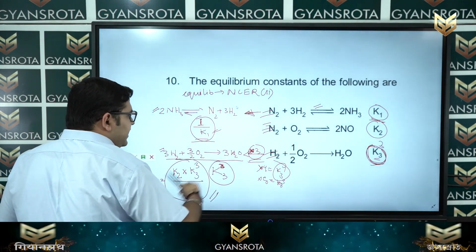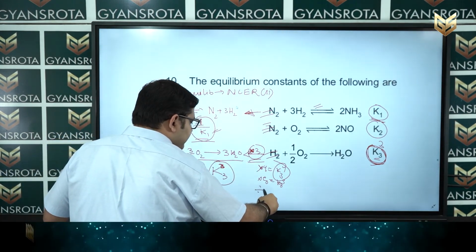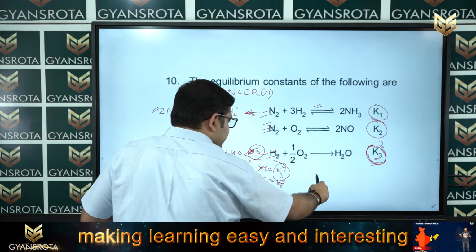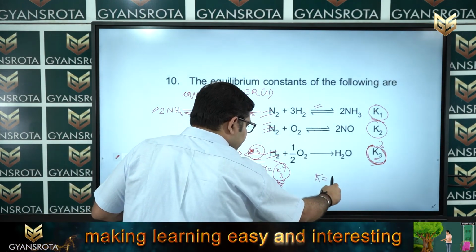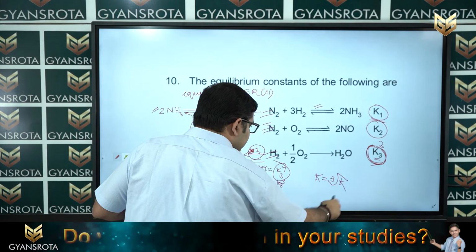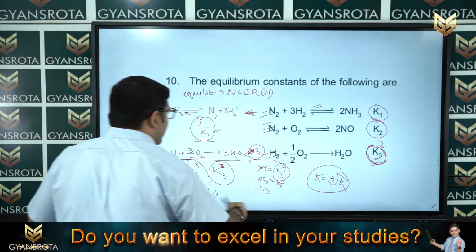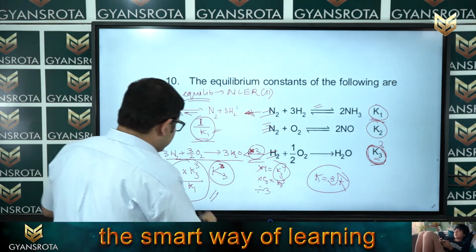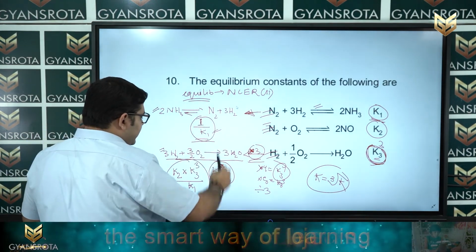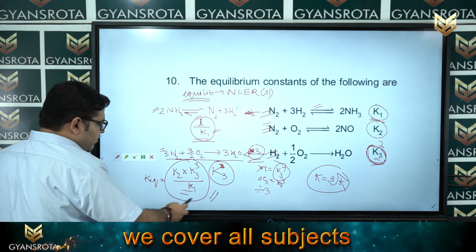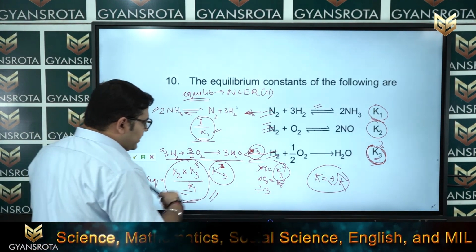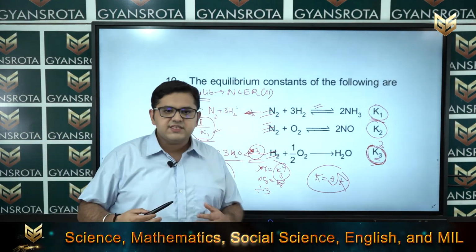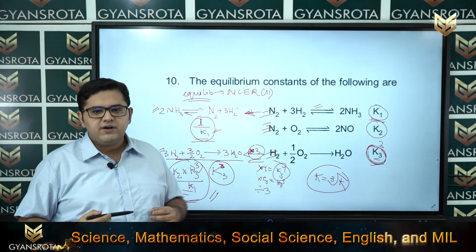Similarly, if the reaction is divided by 3, then your new constant will be K3 to the power 1/3. Okay. So, this is the way you have to solve this equilibrium concept. Just focus on this concept. When you add up these reactions, your equilibrium or rate constants are always in multiplied form. So, this is the answer of question number 10.